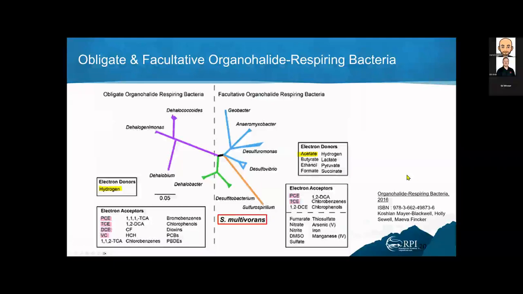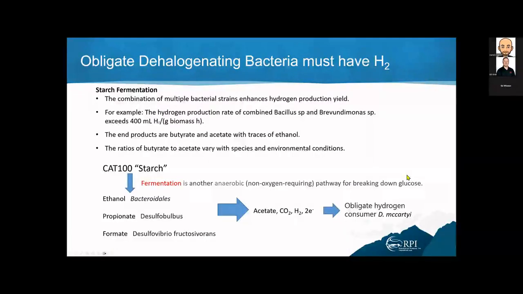So S. multivorans is, as I showed you earlier, on the side of the facultative. Now, obligate dehalogenating bacteria must have hydrogen. As I've mentioned, if you ferment starch, you can produce that hydrogen. In fact, Bacillus and Brevumdimonas together can exceed 400 milliliters of hydrogen per gram of biomass per hour.